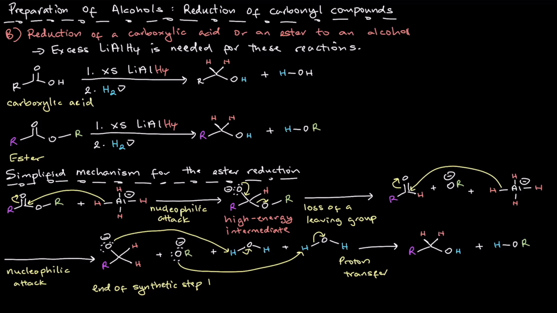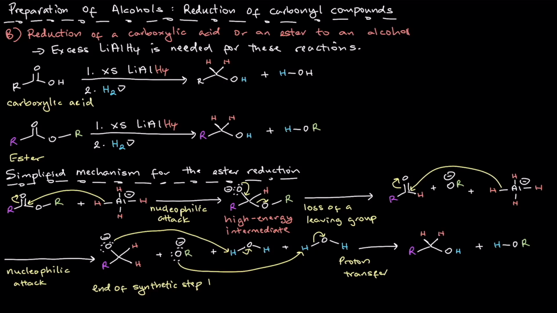Another aluminum hydride can come in and nucleophilically attack that carbonyl. You form your second alkoxide, and once you get to this point, you finish that first synthetic step, and then you can wash both of your alkoxide products with water to form the protonated alcohols in your flask.